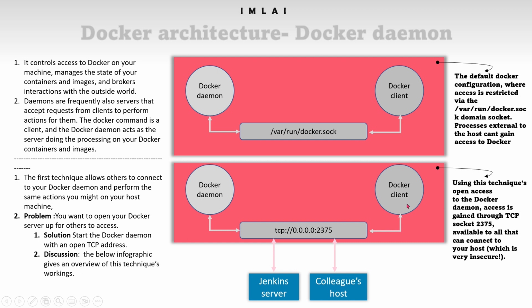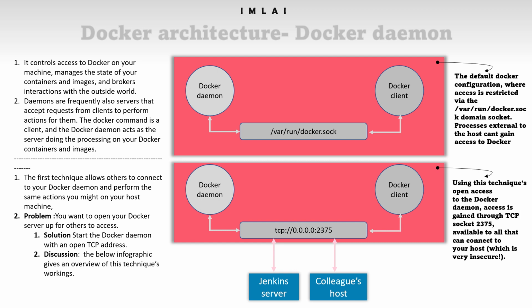Of course, the Docker client can also give them, but even the Jenkins server can also give them. How? Through TCP, and then public IP, and then port number. So with this connection, the Jenkins server can also access and operate your Docker daemon, and a colleague's host can also operate your Docker daemon.